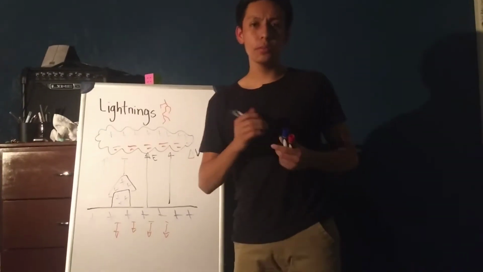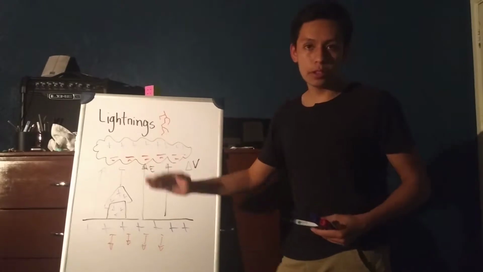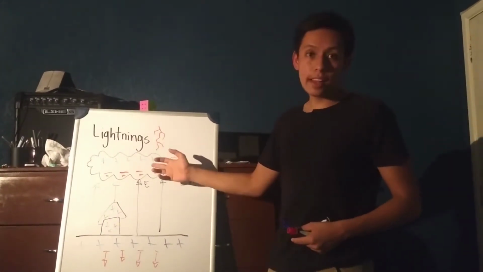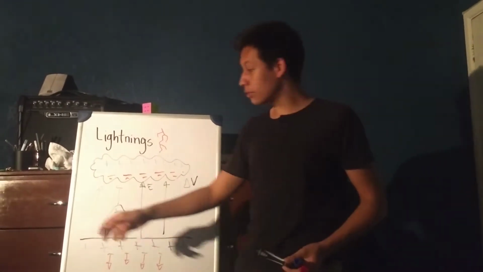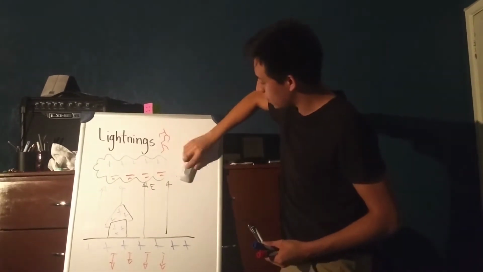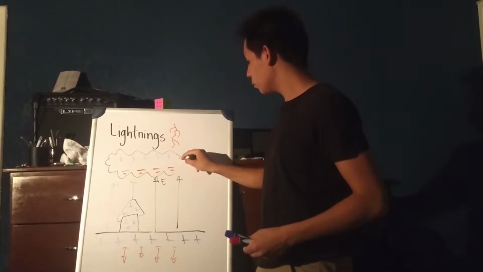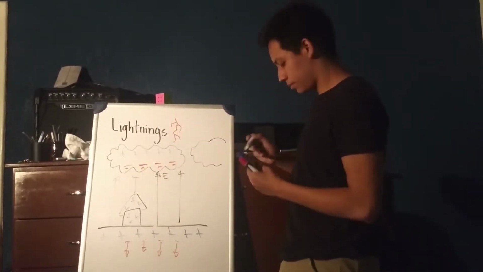And it's also important to say that it's not always just between the cloud and the ground. There are different kinds of lightnings. For example, this is a cloud-ground lightning. We could also have some different kind of lightnings between, for example, two different clouds. We have one cloud here and we could have another one here.